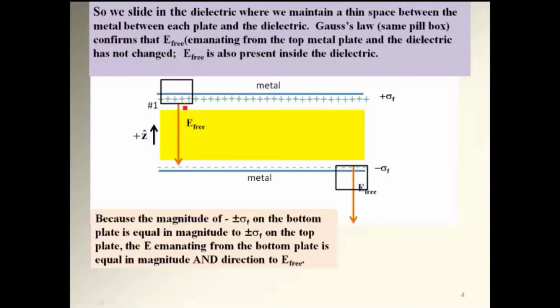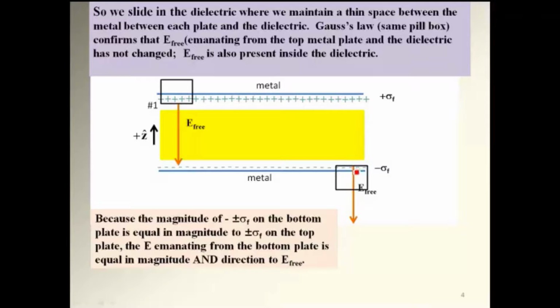Now this E field exists all the way from here to here, regardless of whether or not there's a dielectric. So the free E field that comes from the free charge can penetrate and exist in this region here. Likewise, down here, where we have negative charge density, because the normal vector changes sign, we get the same E free down here.